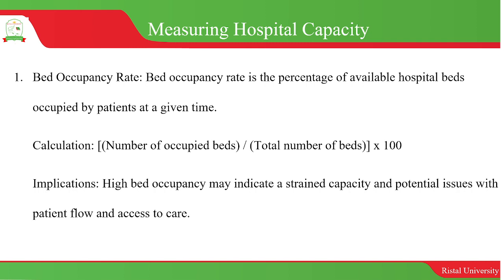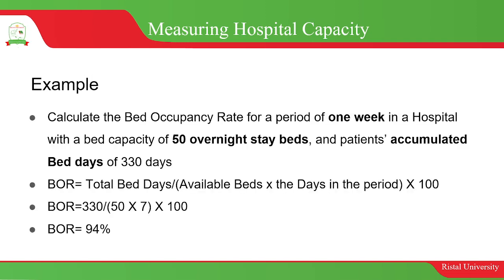For example, if we have definite criteria for admission and discharge, we need to have that best assessment to see is this person really worth staying in the hospital. But at the same time, we also need to avoid discharging patients before they are due to be discharged simply because we are running out of beds. So all these kinds of things need to be taken into consideration so as to keep the balance.